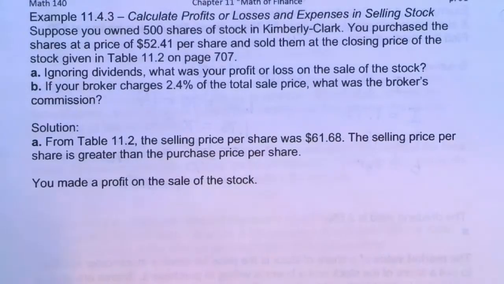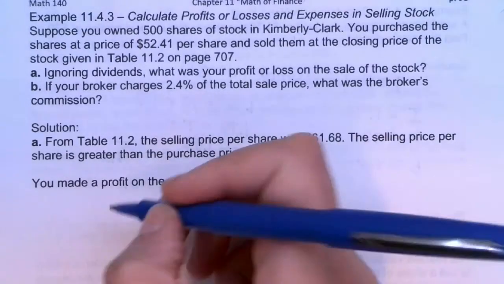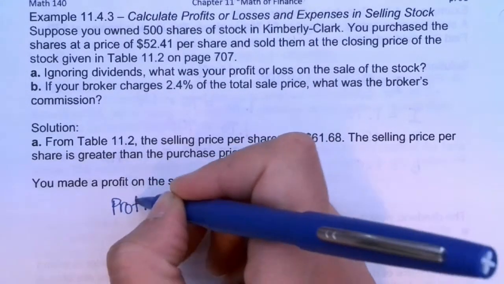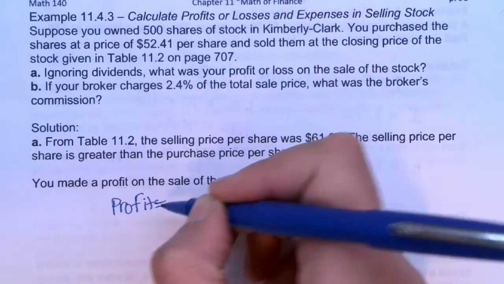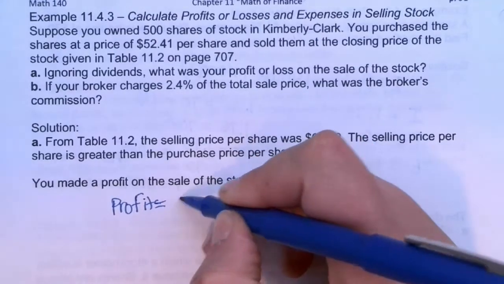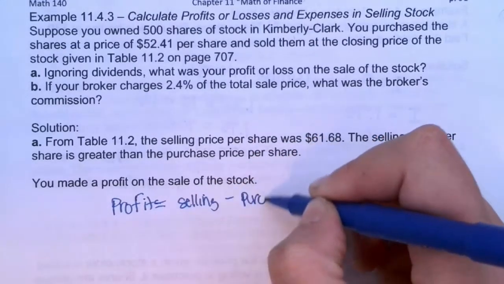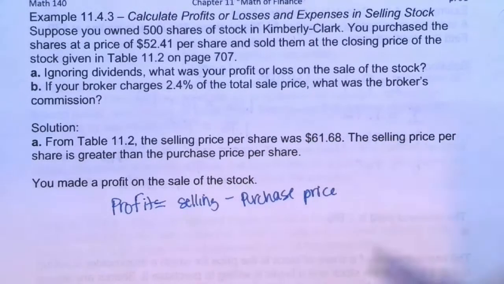So brokers get commission. The big idea here is that we just use our table. When we're looking at the stock, a profit means that the selling price was bigger than the purchase price. If we were to lose money, that means that we'd have a negative profit.